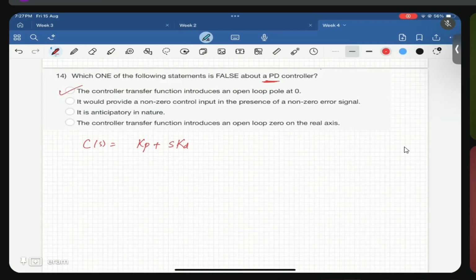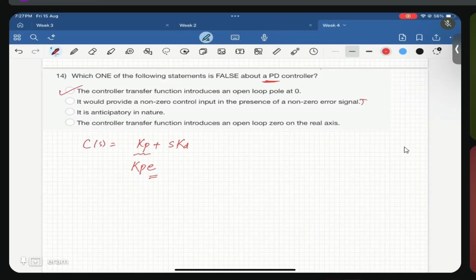What about the second? It would provide a non-zero control input in the presence of a non-zero error signal. Of course, if we have an error signal which is not zero, at least the proportional part will give us kp into e, which is not zero, right? So this option is true.